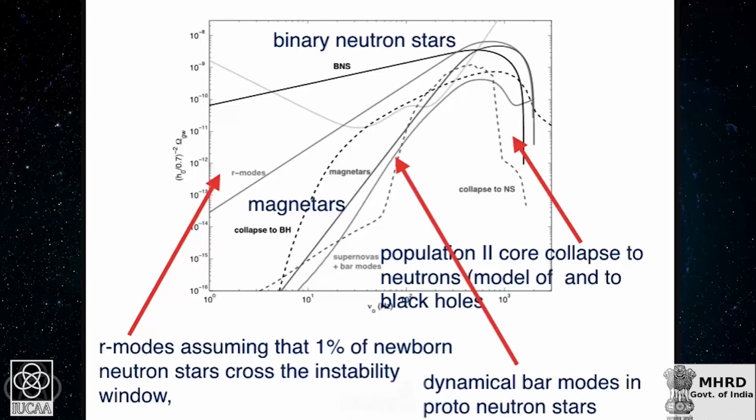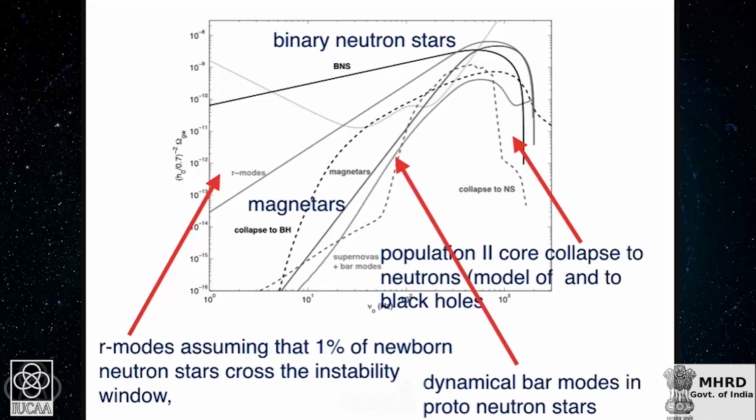Also neutron stars, if there are a large number of neutron stars which have an R mode instability. This is one of the instabilities inside the neutron star, which causes matter to move in a non-axial or toroidal fashion, and they can emit gravitational waves.